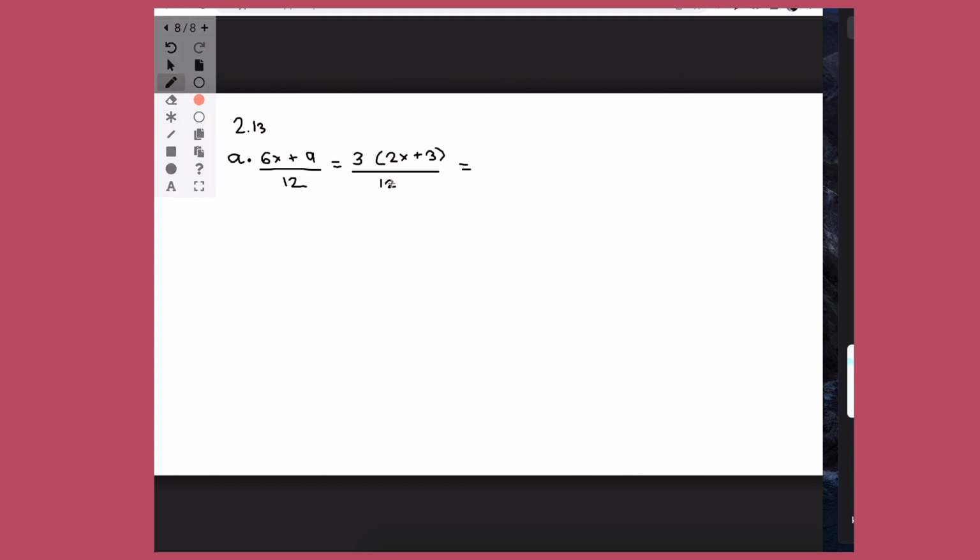So basically over here, on the denominator, you can rewrite 12 as 3 times 4. 12 is equal to 3 times 4, right? So then you can just cancel out the 3 on the top and the bottom. So is everyone familiar with the canceling principle? Yeah. So we just canceled out the 3 on the top and the bottom, and we're left with 2x plus 3 over 4.